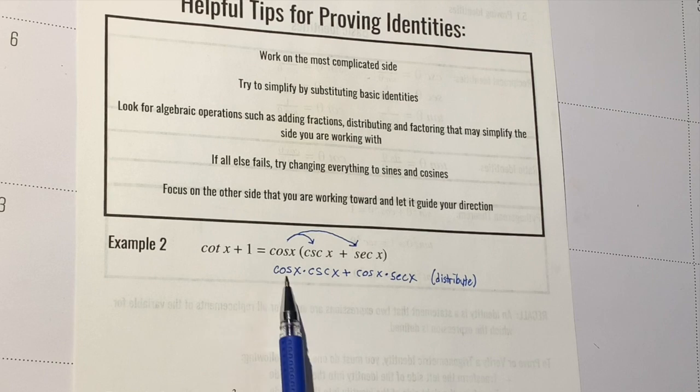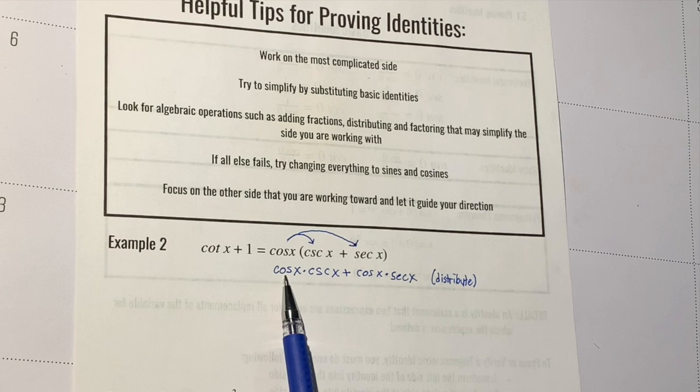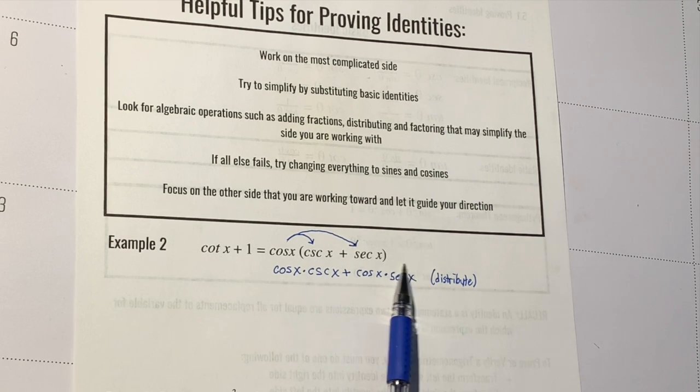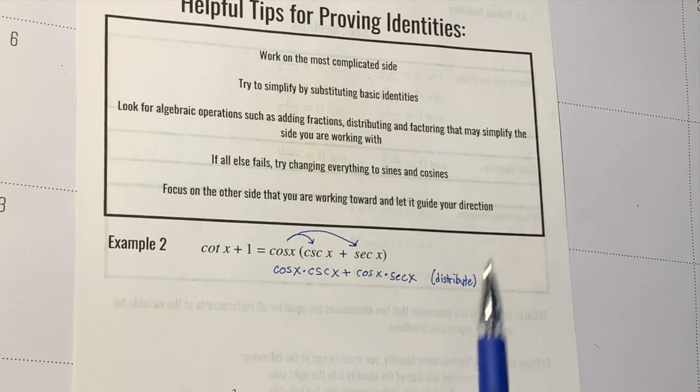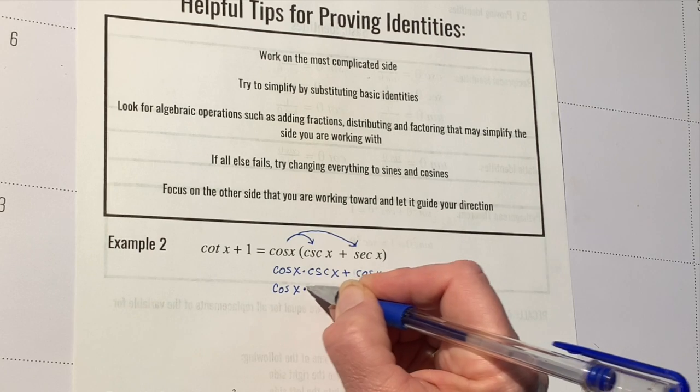Okay, so now I'm looking at this. This is where I want to get to. What stands out to me here is that the cosecant could be interchanged with the reciprocal function 1 over sine. And I could do the secant over here with 1 over cosine. That would probably be my next step, just to do a substitution of an equivalent.